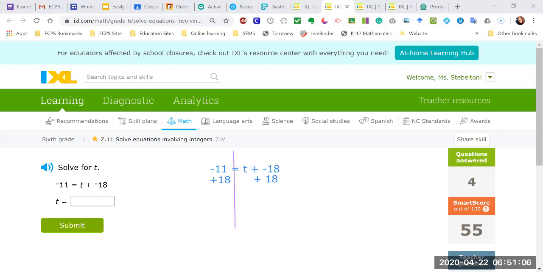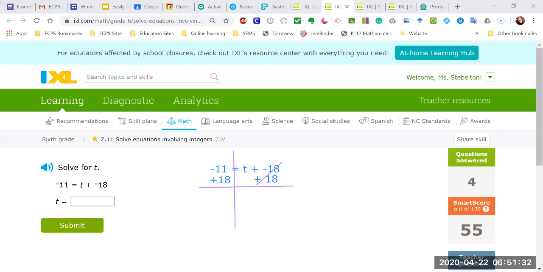Alrighty, so then we're going to do that operation. First of all, this is going to cancel out because they are opposites, and that leaves t all by itself. Now we just have to do negative 11 plus 18.